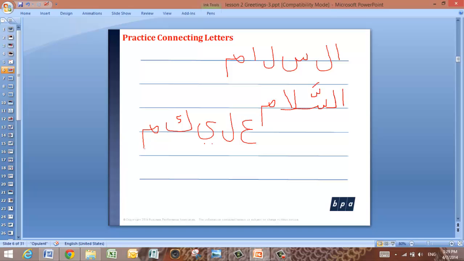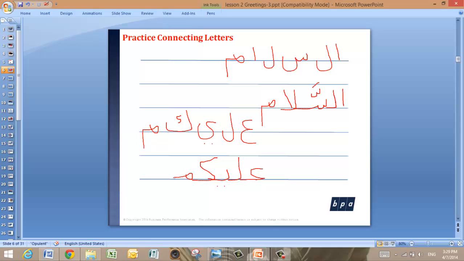And now, as I mentioned before, the ayn only the top part is written. Then the lam, then the ya stays on the line. The kaf takes a shape like an S in English, and then the meme at the end takes its original shape.